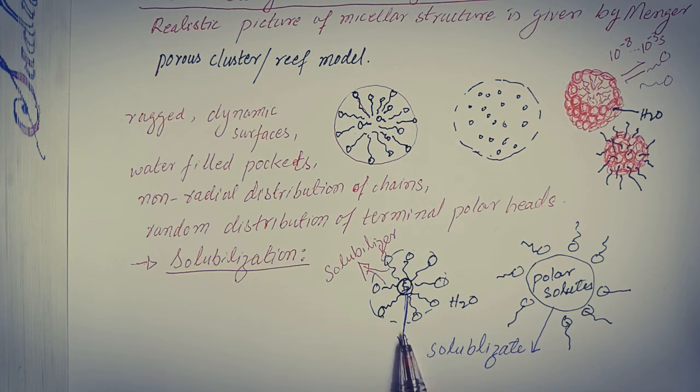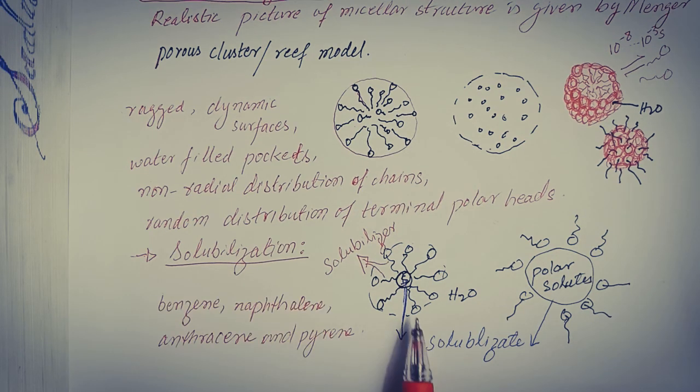So using the phenomenon of solubilization, different non-polar hydrocarbons can be dissolved in water. So this example is useful for the solubilization of benzene, naphthalene, anthracene and pyrene into water using the solubilizer, that is the surfactant or amphiphilic molecule that is making the micelle.